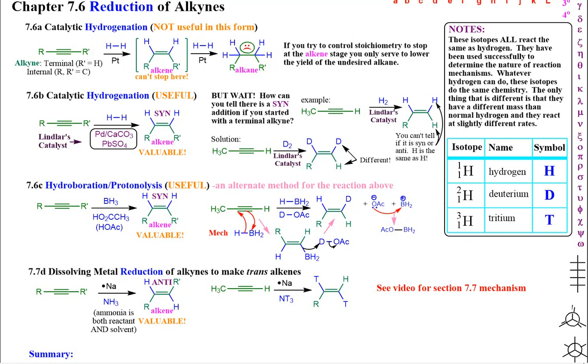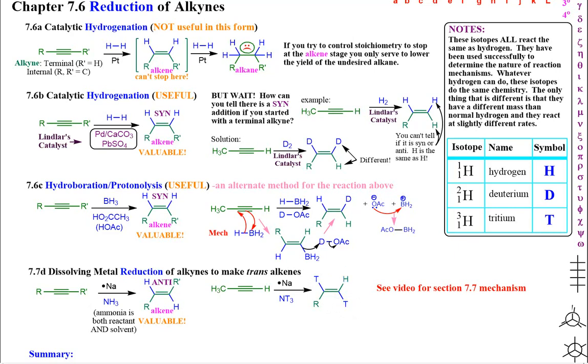My apologies, I had not finished editing this molecule. You see the two new tritiums end up on opposite sides, thus proving we have anti-stereoselectivity here and here. If we did not use tritium, we wouldn't know if the new H here was the same as or different than this H here.